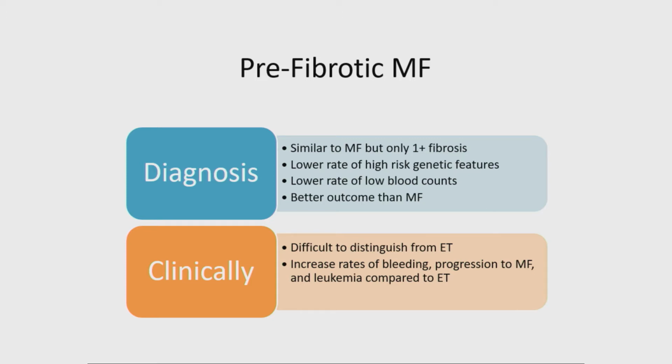It may not affect exactly how patients are treated immediately, but it should make your treatment team think a little bit differently and say, this person's outcome is still very good, but we just have to keep an eye on this patient a little bit more closely to make sure that they're not actually transforming to myelofibrosis, because the risk of transformation to myelofibrosis is a bit higher if there is some scarring on that initial bone marrow biopsy.